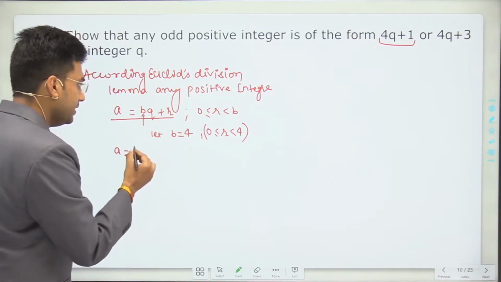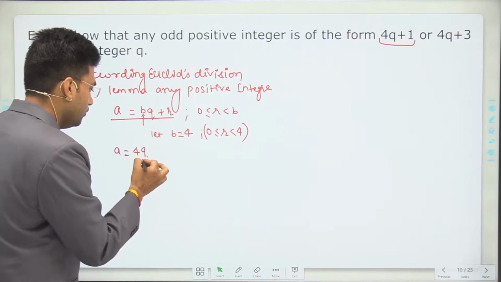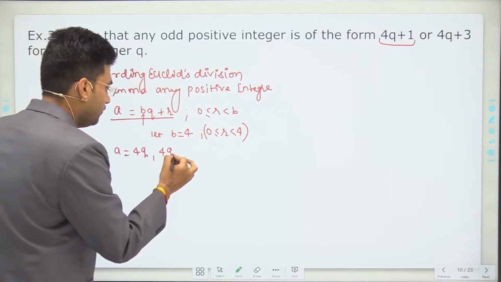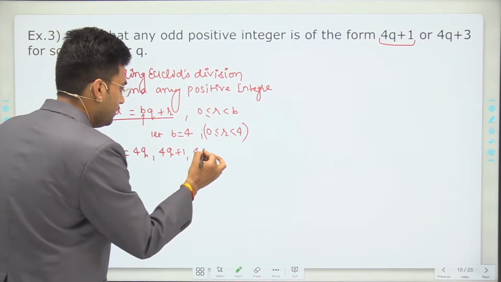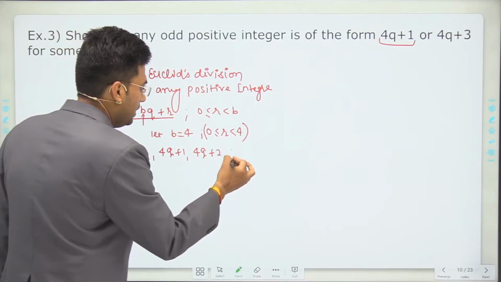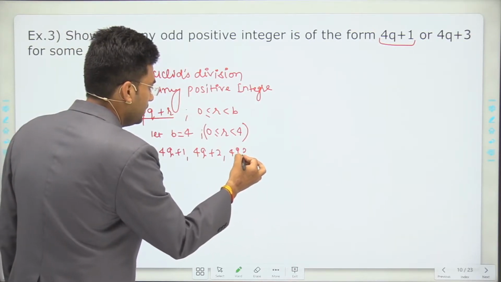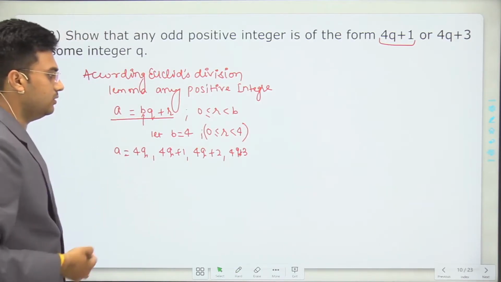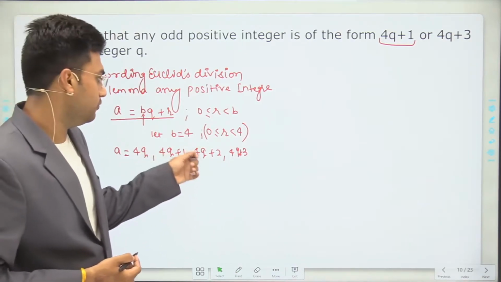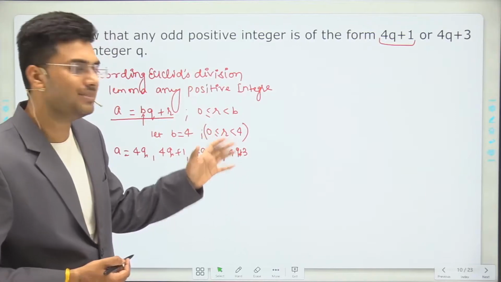So a is equal to 4q, 4q plus 1, 4q plus 2 and 4q plus 3.